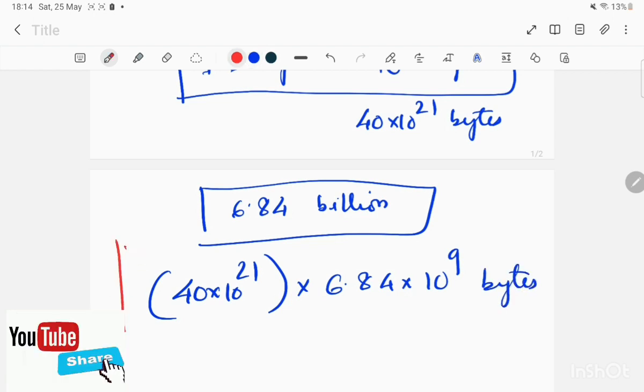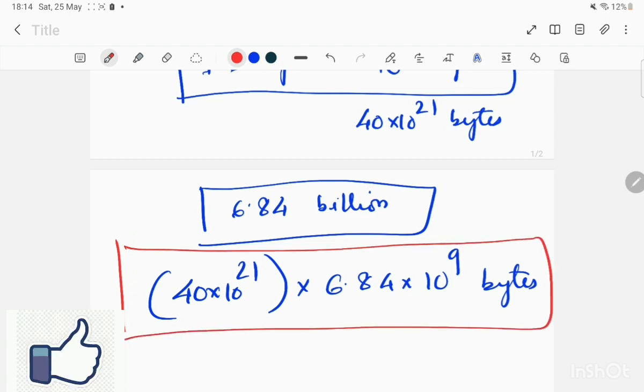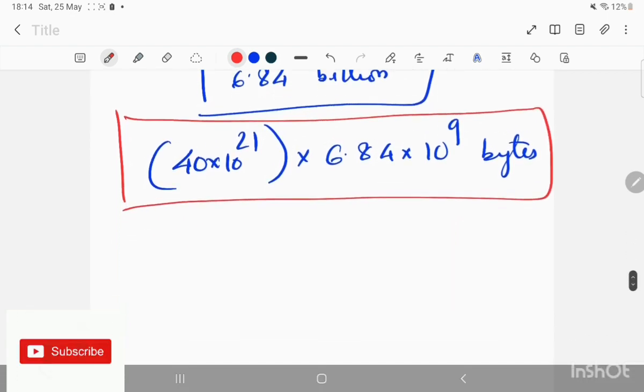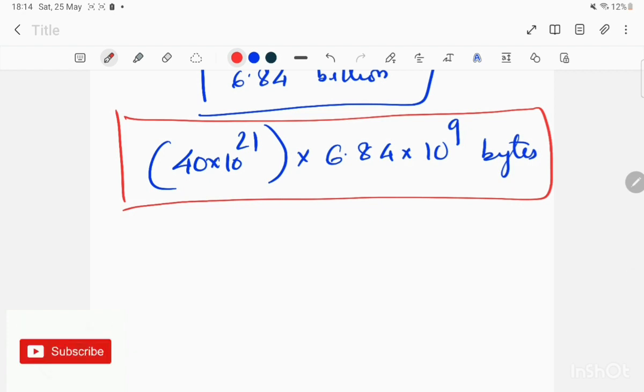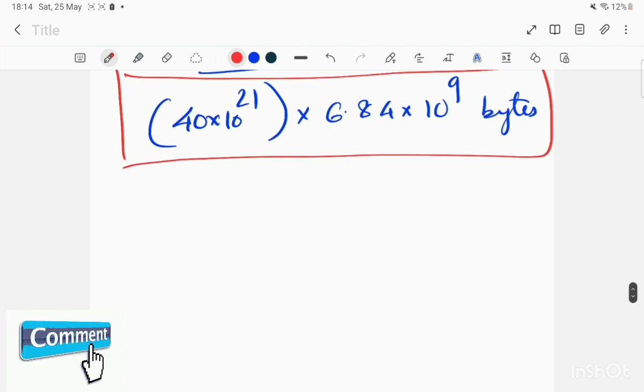So this is exactly the smartphone data that is created in 1 month. And what this carries can be photos, music, video, audio, emails, searches, phone calls.